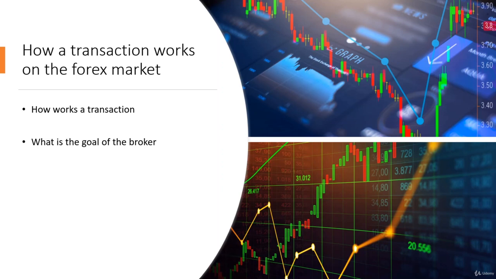So as I said, the goal of the broker is really to open up transactions for you and close transactions for you. Also, the goal of the broker is guaranteeing the safety of your funds. So when you give him funds to be able to trade, the broker guarantees the security of your funds. That's his job.